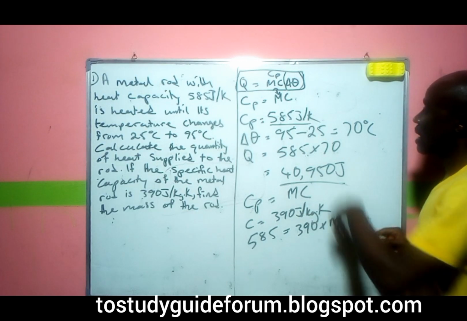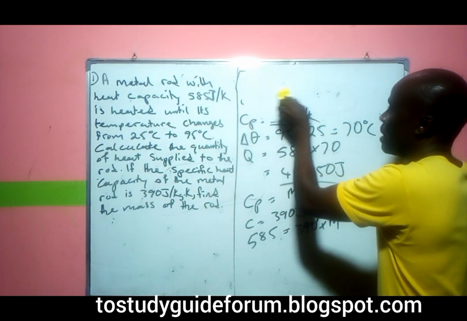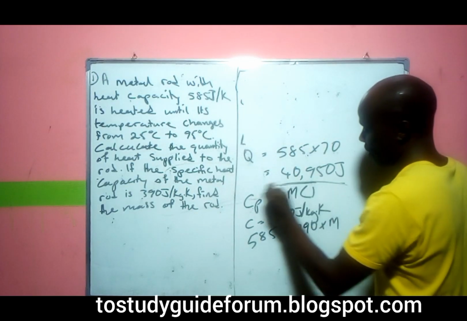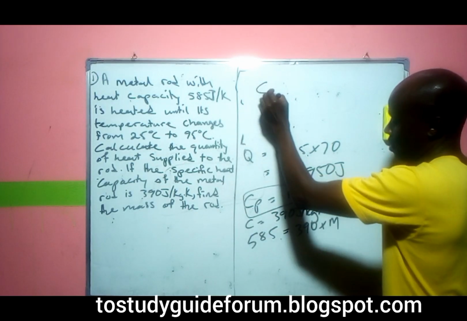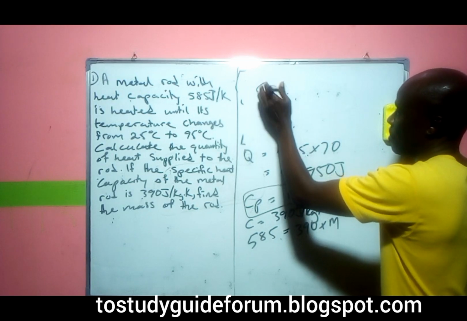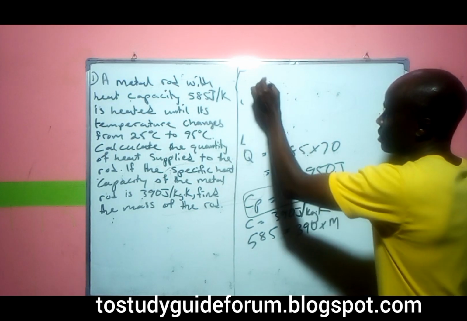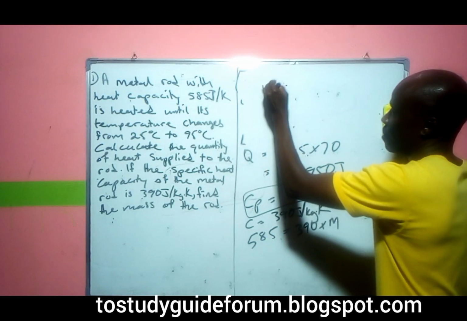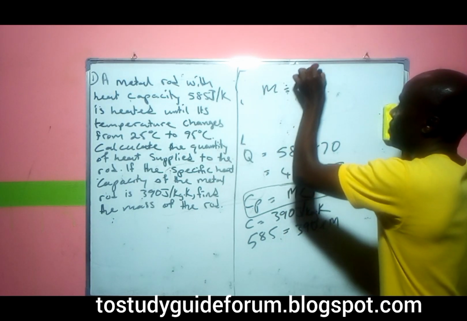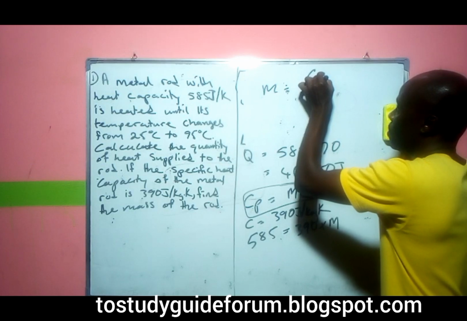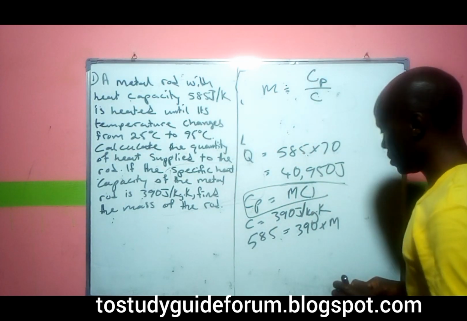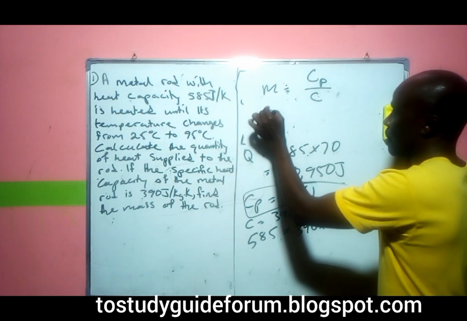We make the mass the subject of the formula, since mass is what we are looking for. It will be equal to the heat capacity over c.